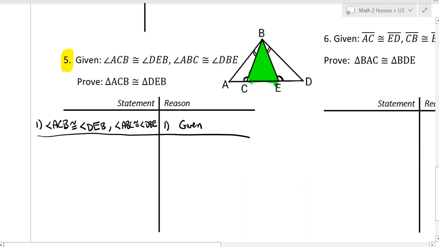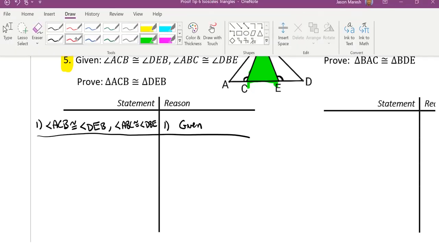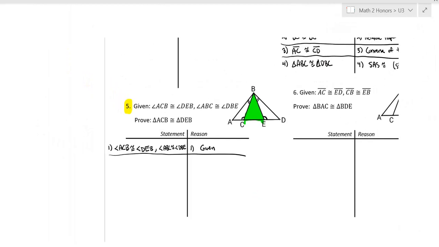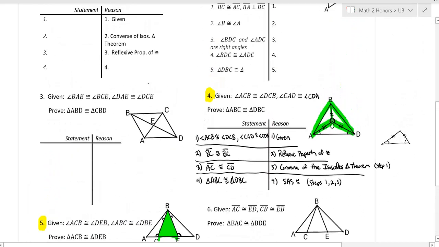Well, how do we show that something's an isosceles? There's a couple ways, but I'm going to try using the converse of the isosceles triangle theorem. So I'd like to show that the two base angles are congruent somehow. How do we do that? Well, I'm going to bring us back up to these two statements.